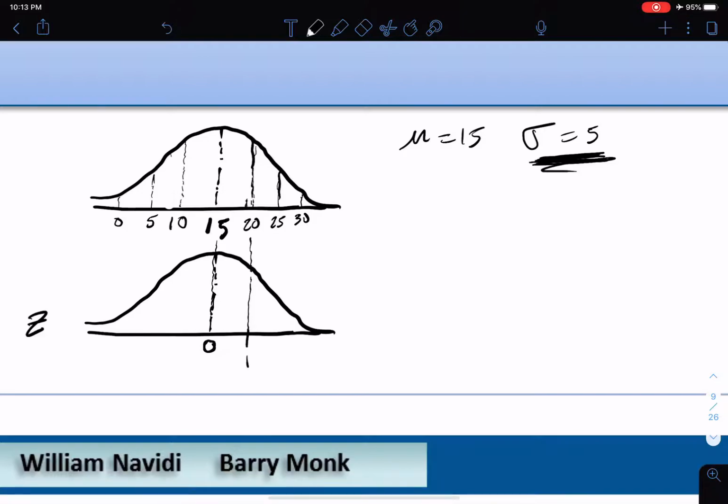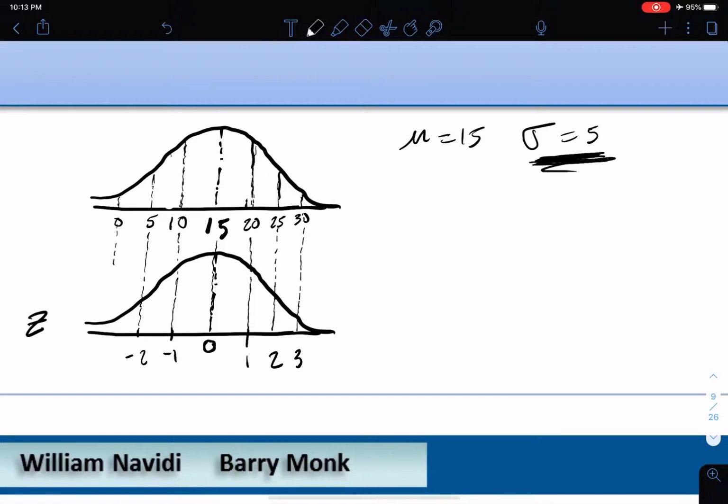And a z-score of positive 2 is going to correspond with 25. A z-score of 3 corresponds with a raw score, or a score from the population, or a score from your example, of 30. And if you go to the left, a raw or population score of 10 is going to correspond with a negative 1 z-score. And a 5 corresponds with a negative 2.